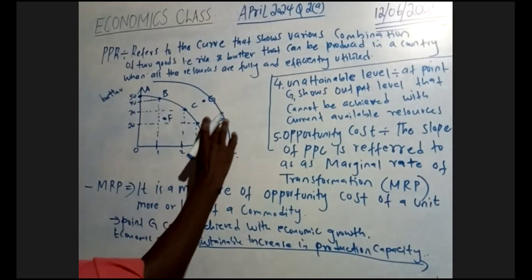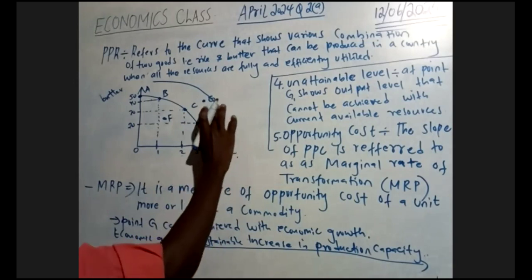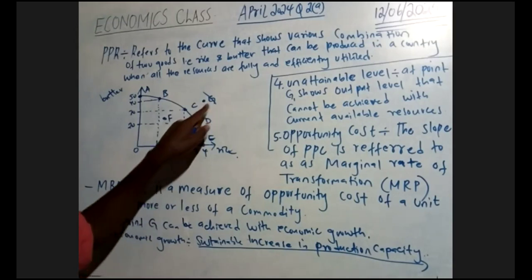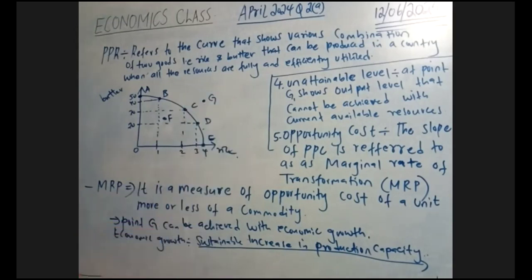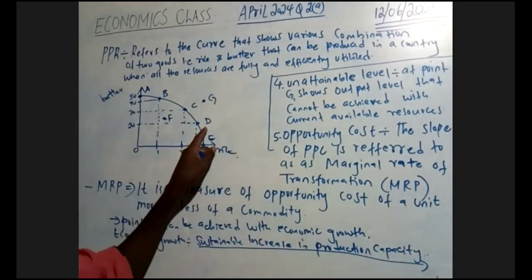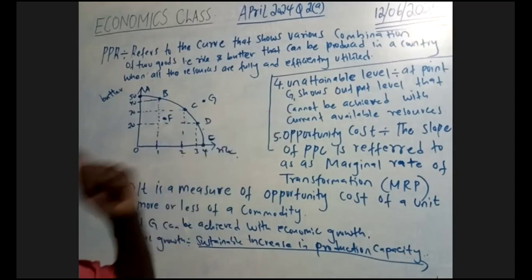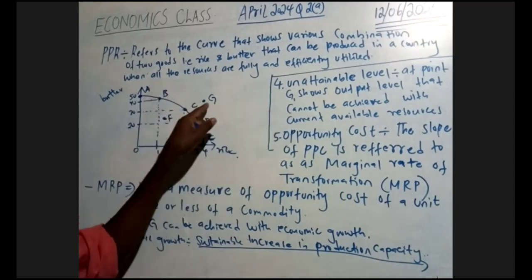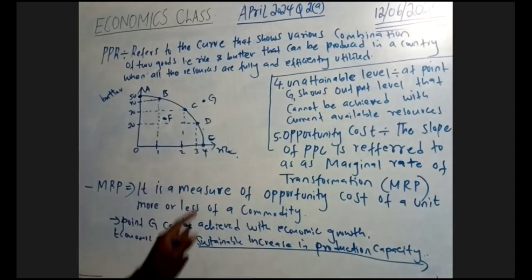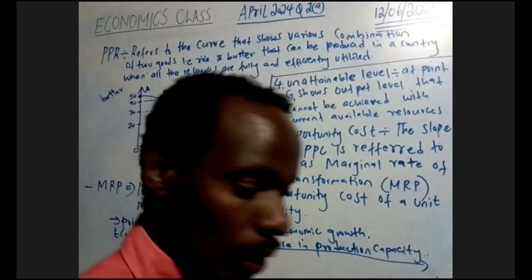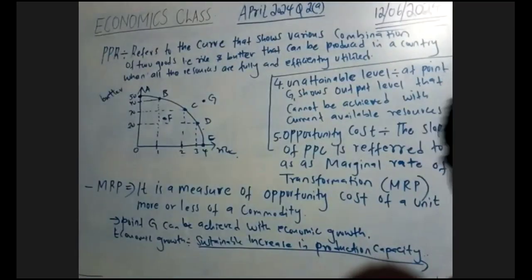So the only way we can achieve point G is for the government to make sure that we have economic growth, through coming up with policies that shall boost our production. When our production increases, our capacity keeps increasing, and our PPC shifts to the right. Meaning we can also produce at point G when we manage to have economic growth. You can also explain it in that way in an exam.